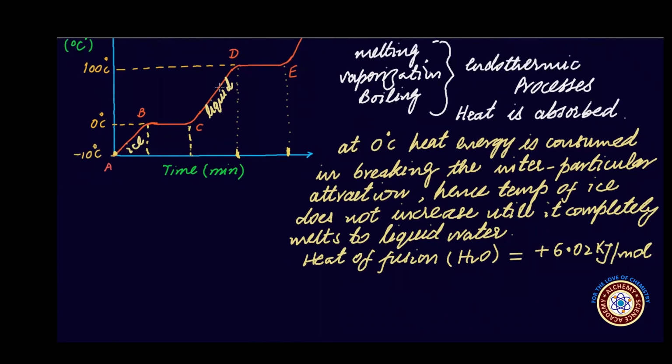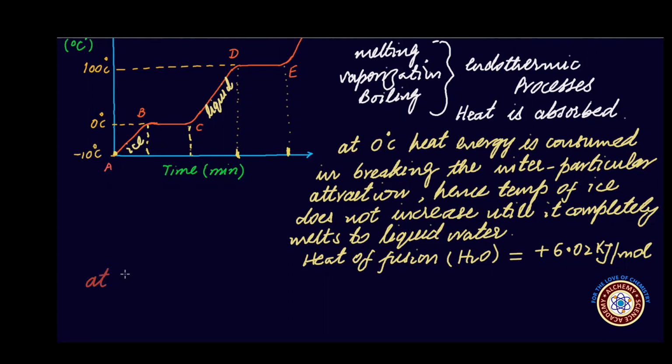But at boiling point the temperature of liquid water does not exceed further until it entirely converts into steam. Now let us see what happens here. At the boiling point of water or any other substance, the heat energy being supplied is consumed in converting the liquid state into gaseous state, that is in breaking the intermolecular attractions.